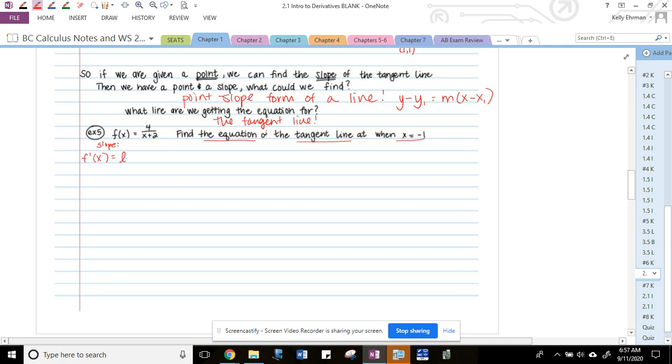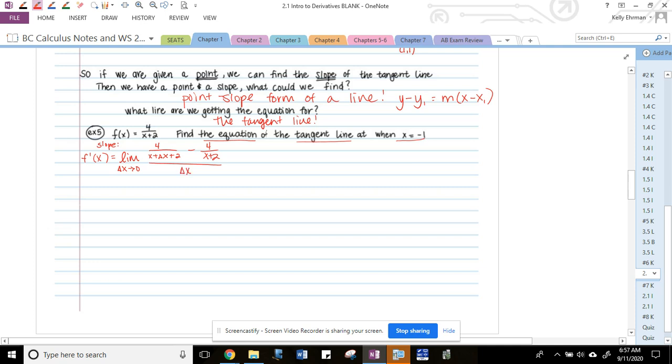f prime of x is the limit as delta x approaches 0 of 4 over, you're plugging x plus delta x into this, x plus delta x plus 2, minus f of x, all over delta x.